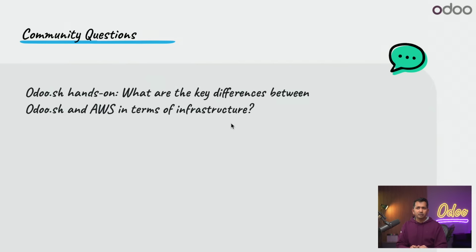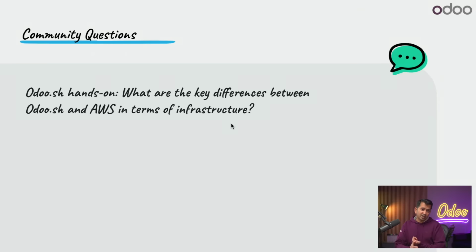And another question, Odoo.sh hands-on: what are the key differences between Odoo.sh and AWS in terms of infrastructure? Well, Odoo.sh is Odoo-managed Odoo. That means all you do is buy a subscription, pay for this hosting, and you're good to go.